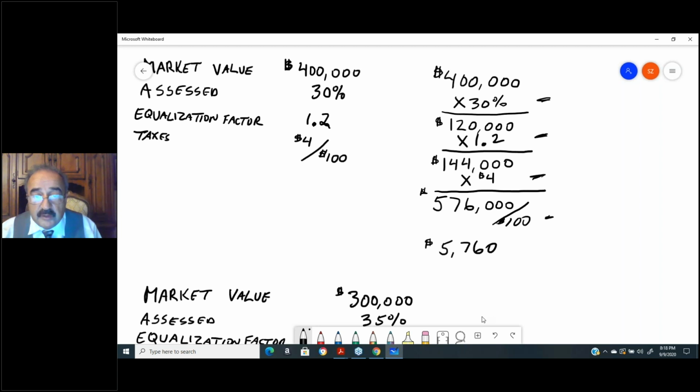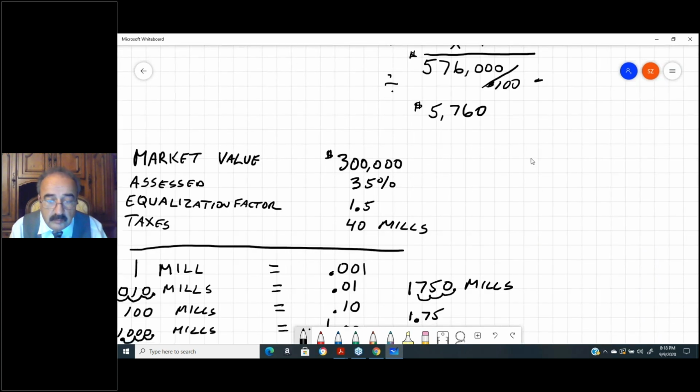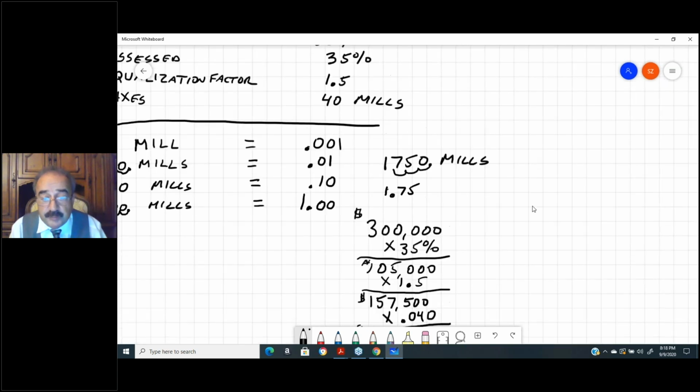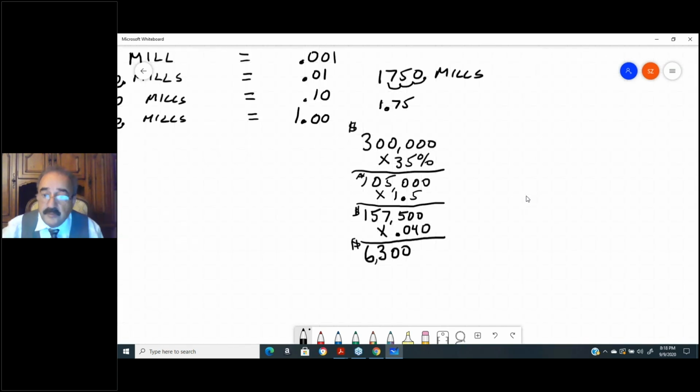So actually what we did, we multiply, and then divide by 100. Now, on this problem with the mils, all we do is multiply. No dividing. That's how you solve that.